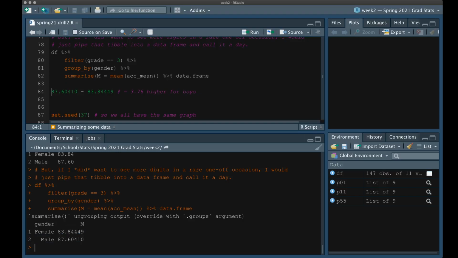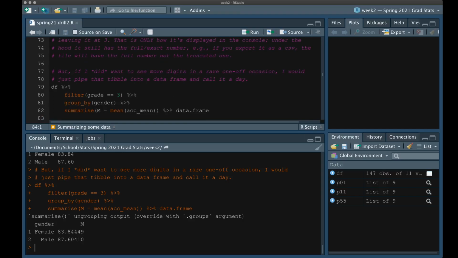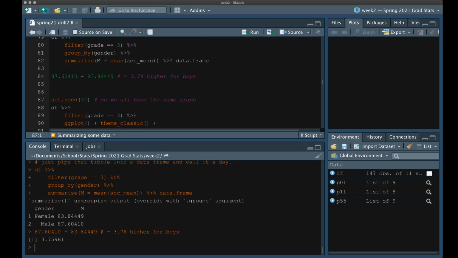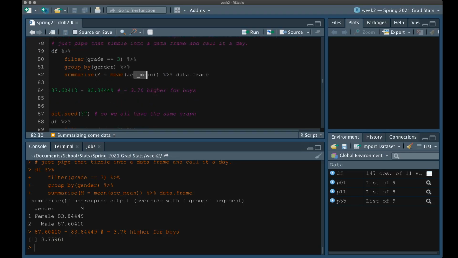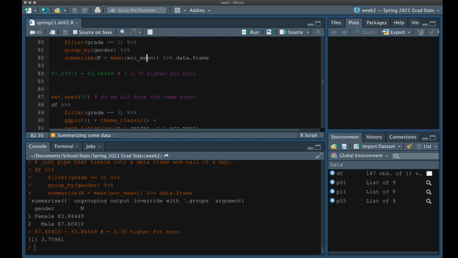So just FYI, that's how you can see more decimal places. But either way, we can see here that it seems that 3rd grade boys on average are about 3.76 points higher on the overall accuracy mean than girls.